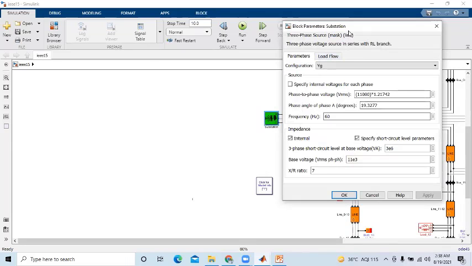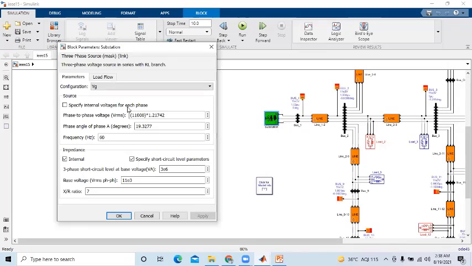If you look at this substation mask, the parameters are given as star grounded, generating a source of 11 kV and a phase angle of 19.3277 degrees. The frequency is 60 Hz and the 3-phase short circuit level at the base voltage is taken as 3 MVA, 3 megavolt amperes.